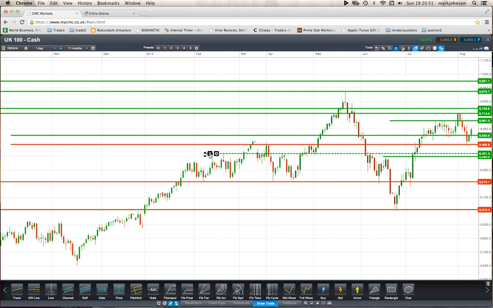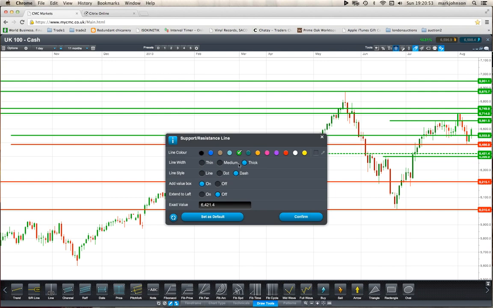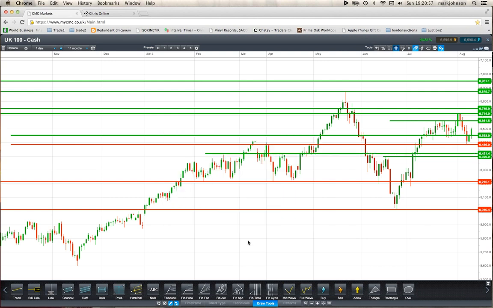Pretty much like anything, Fibonacci levels, pivot lines, they are all levels. So here you can see that I've now got these 2 green resistance levels actually below this support level.